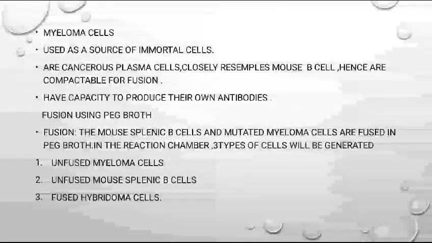Fusion using PEG broth: the mouse splenic B cells and mutated myeloma cells are fused in PEG broth. In the reaction chamber, three types of cells will be generated. The first is unfused myeloma cells, the second is unfused mouse splenic B cells, and the third is the fused hybridoma cells that we use in the production of monoclonal antibodies.